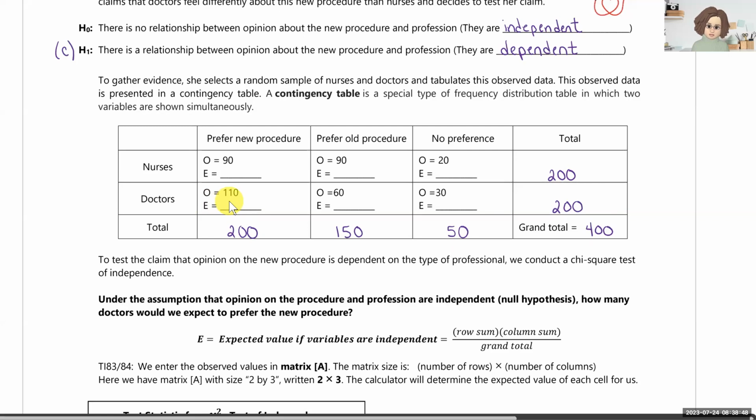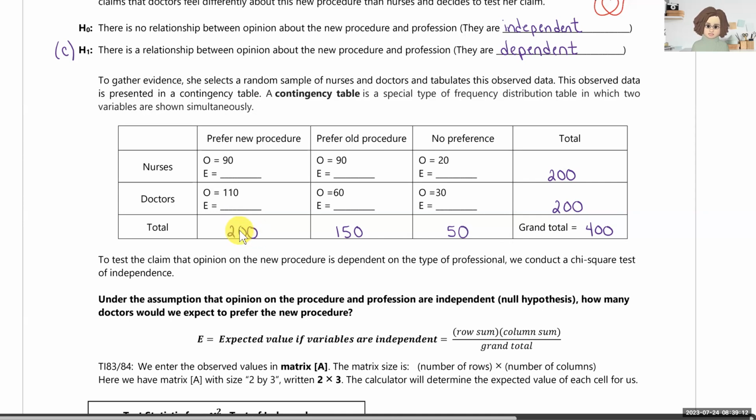So before I do it with the formula, let me just go through some logic here. Forgetting about profession, what I see in this study is out of 400 people, half of them, 200, preferred the new procedure. So based on this data, if we talk to a person, there's a 50% chance they preferred the new procedure.